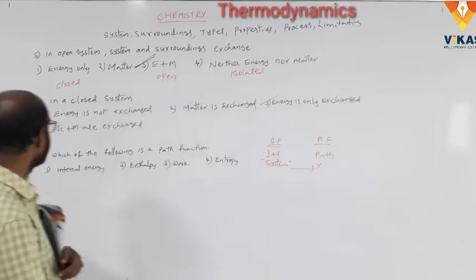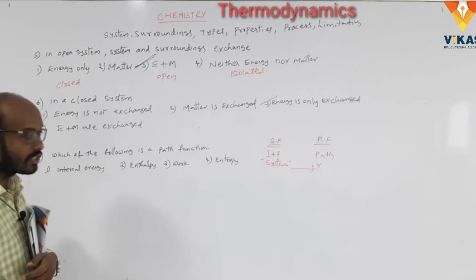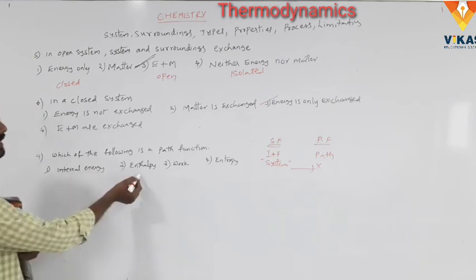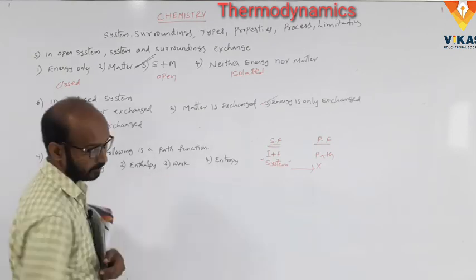So state function ante enti, path function ante enti. Here the options are internal energy, enthalpy, work, entropy.